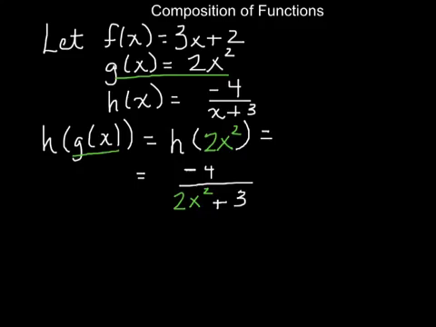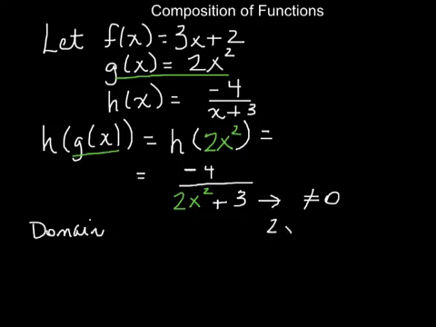Alright, so now for my domain. The denominator cannot be equal to 0. And let's look at this. I've got 2x squared plus 3. Is there any way to get a negative 3 out of 2x squared?